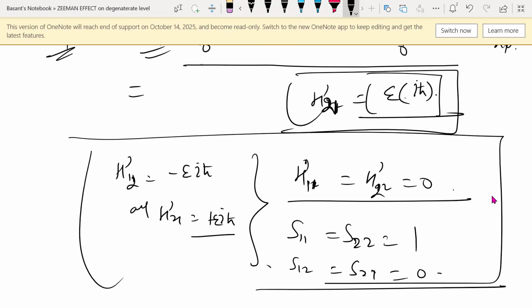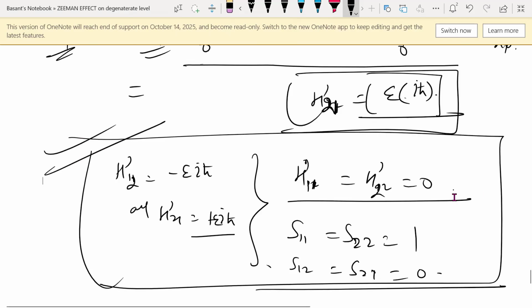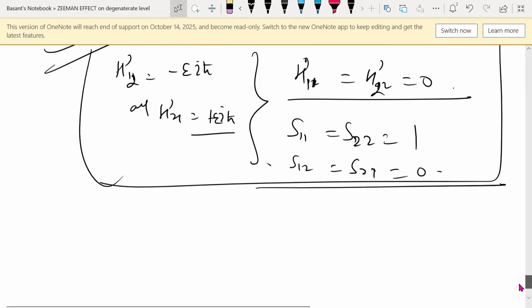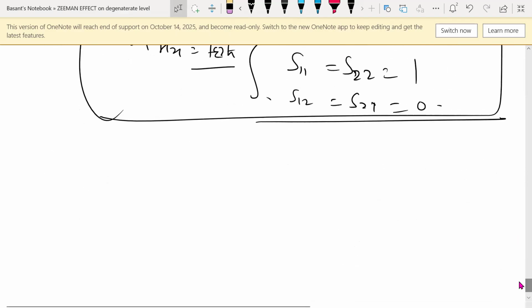So we have taken these integral values for solving the secular determinant.